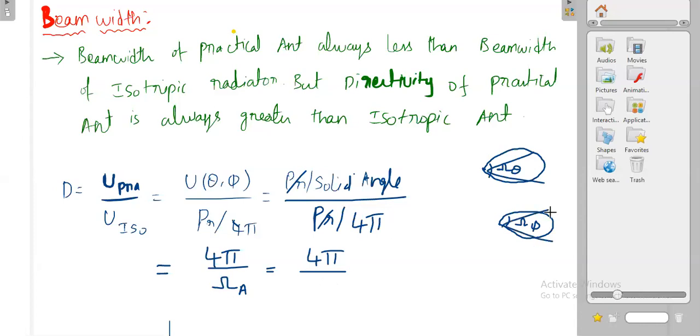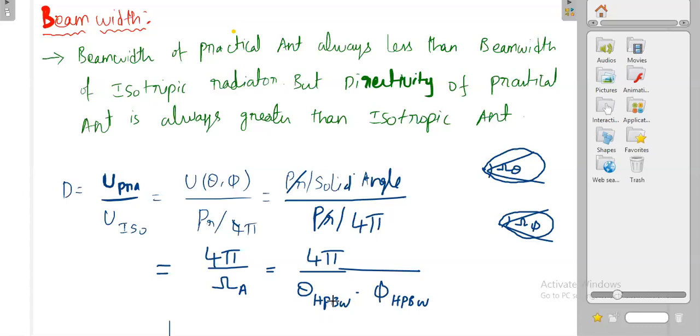Once you go beyond the beam width, you get less than half of the power. That's the idea. So 4 pi divided by the half power beam width in the theta plane, multiplied by the half power beam width in the phi plane, because you have two planes. In each plane you measure the half power beam width.